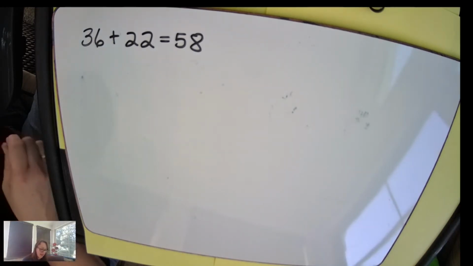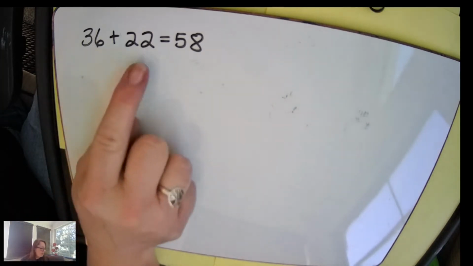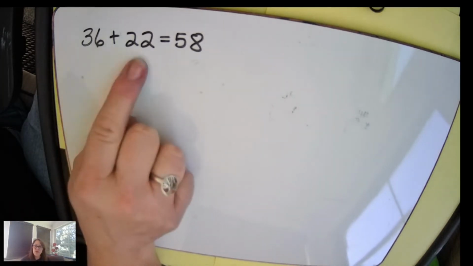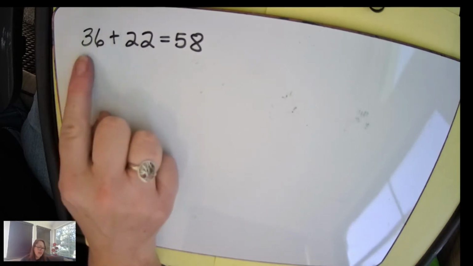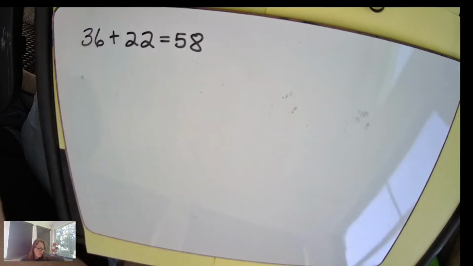Okay. So Matt says that he was thinking about these add-ins as being two-digit numbers, and he was thinking about this 36 as being 3 tens.